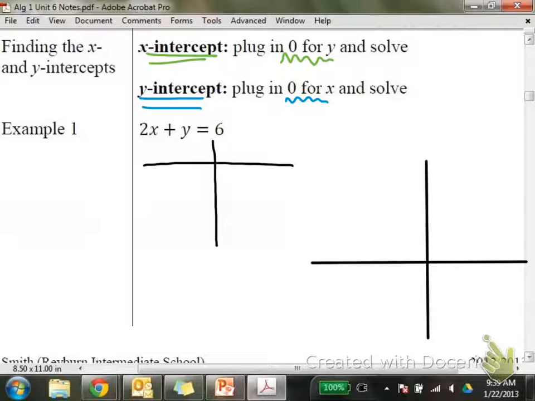Label the left-hand side x-intercept, and label the right-hand side y-intercept. Also draw a coordinate plane because we are going to be graphing these.